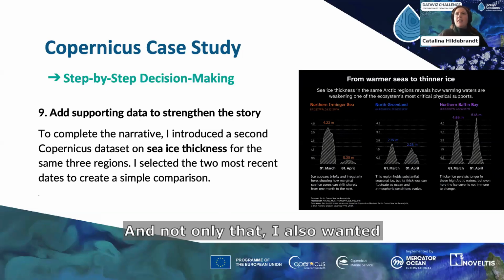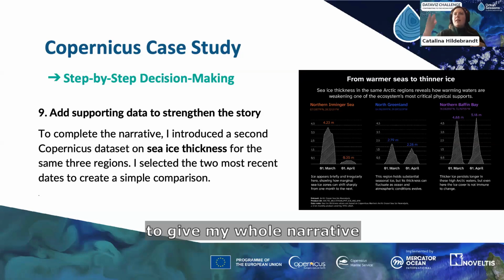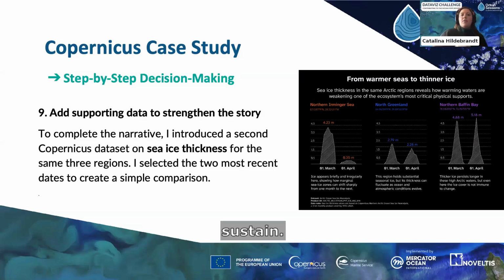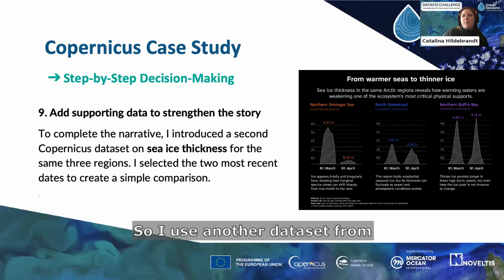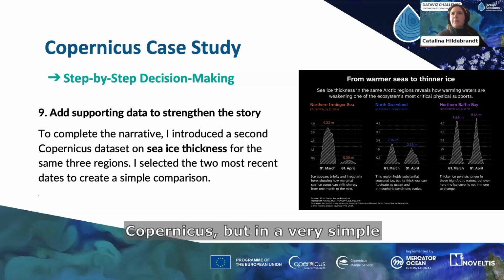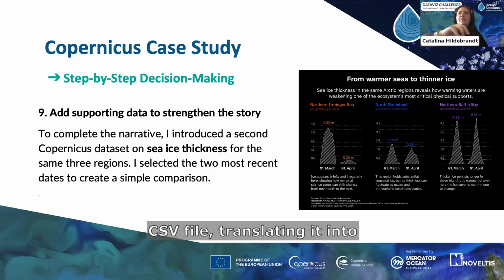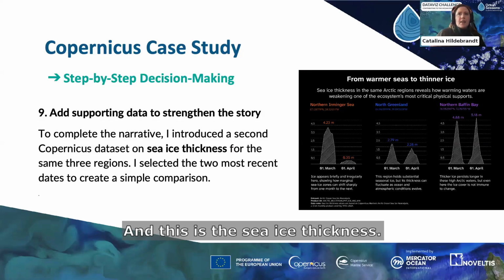And not only that, I also wanted to give my whole narrative sustain. So I used another data set from Copernicus, but in a very simple way. I used the same logic as before, of downloading the CSV file, translating it into Excel, and then taking it to Flourish. And this is the sea ice thickness.